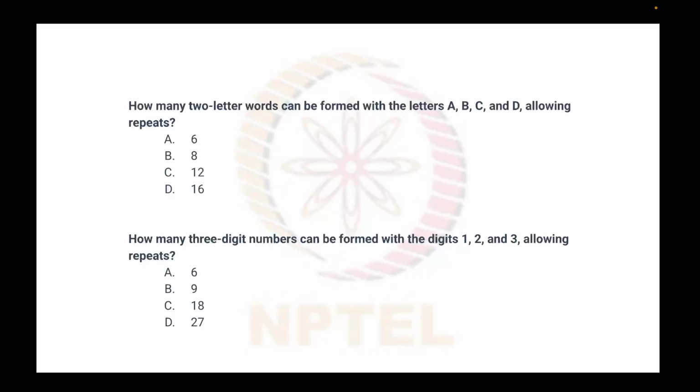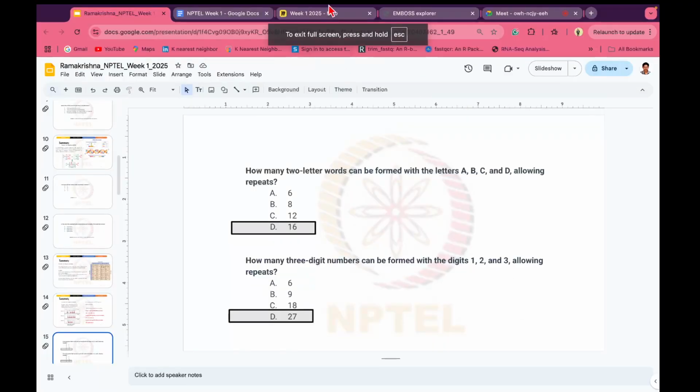Try to answer the first one now: how many two-letter words can be formed with letters A, B, C, D allowing repeats? Okay, let's move on to my workbench.